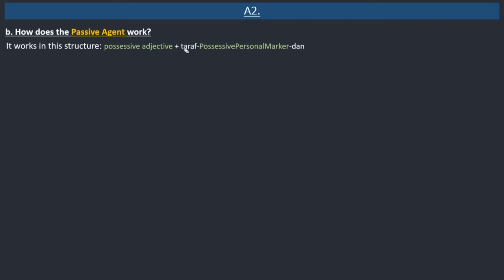Taraf, in other contexts, is like side. Onun tarafı, his side, or sağ taraf, right side. Taraf is also a word. You can see it in other sentences. And if you think about this, the letter was sent from his side. It still makes sense. It was sent from his side. So onun tarafından, possessive personal marker.